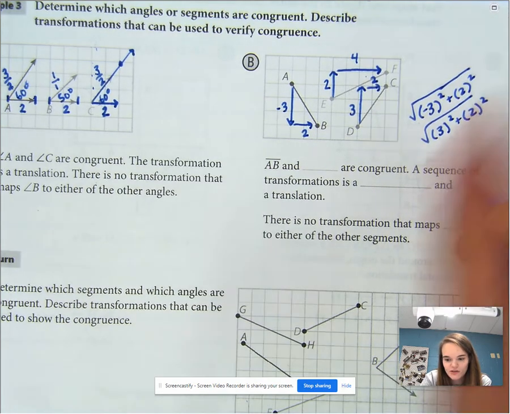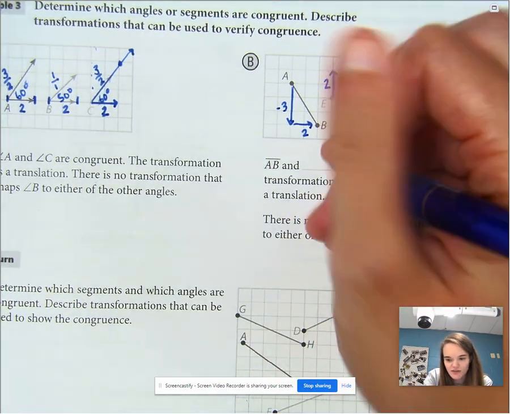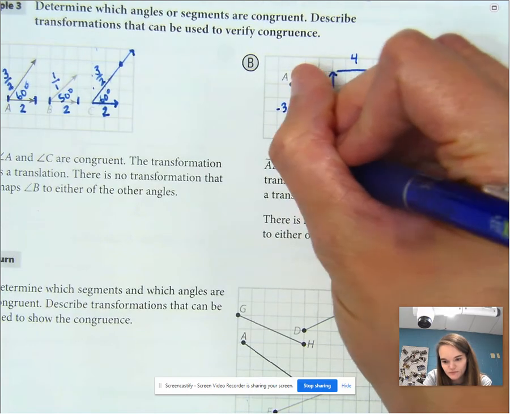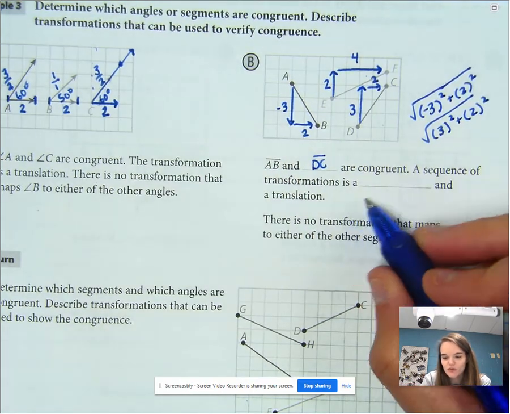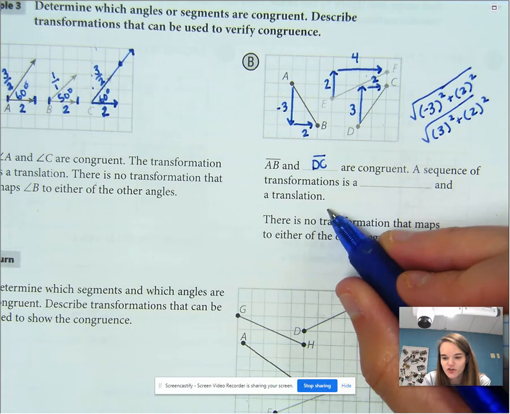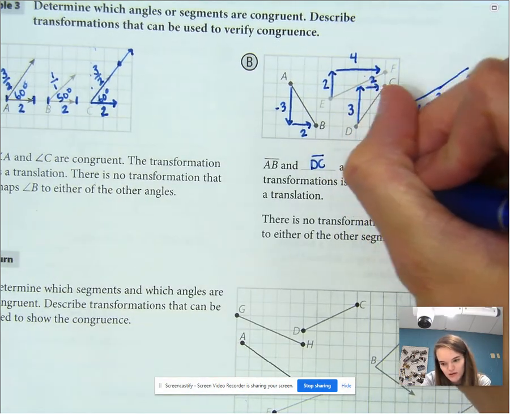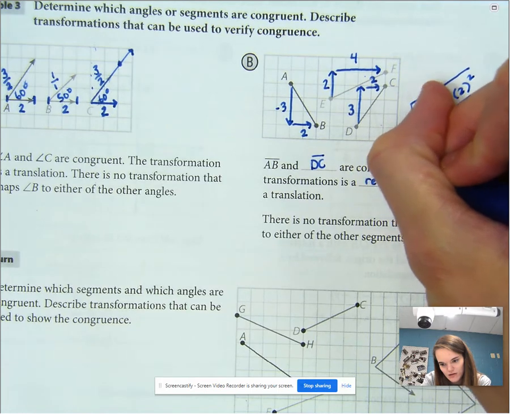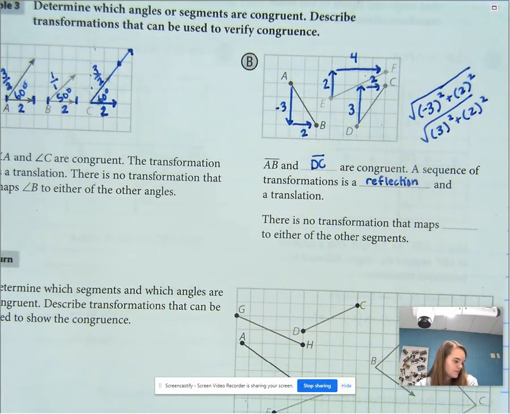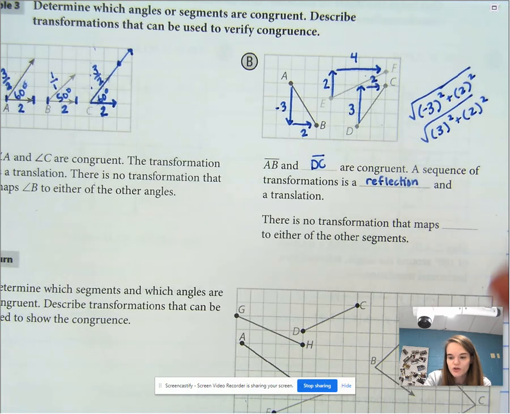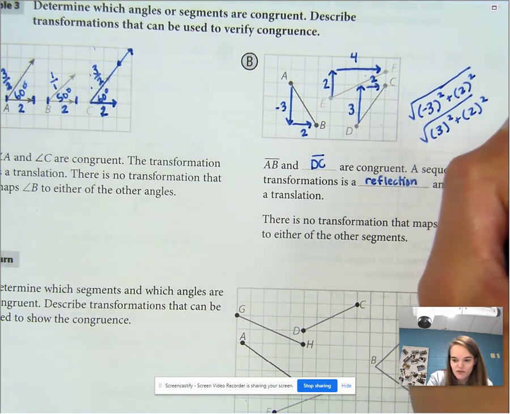So what that means is AB and DC are congruent. A sequence of transformations is they have to translate, but they also have to reflect. There is no transformation that maps EF to any of these.